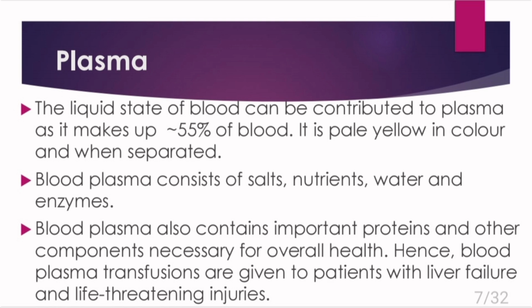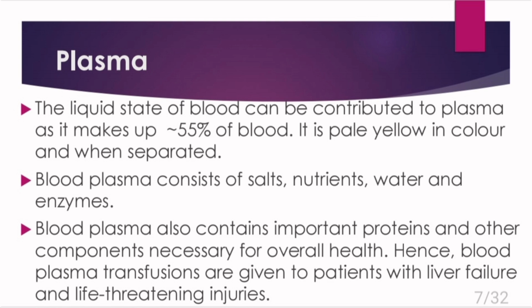Plasma. The liquid state of the blood can be attributed to the plasma as it makes up 55% of blood. It is pale yellow in color when separated. So if the various cells of the blood are separated, then the liquid state is called plasma. It is pale yellowish in color and it is about 55% of the whole blood.